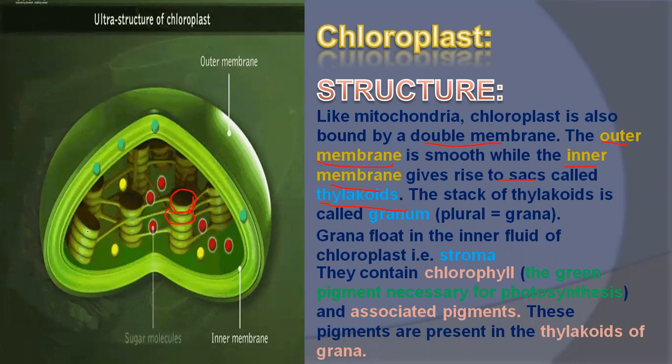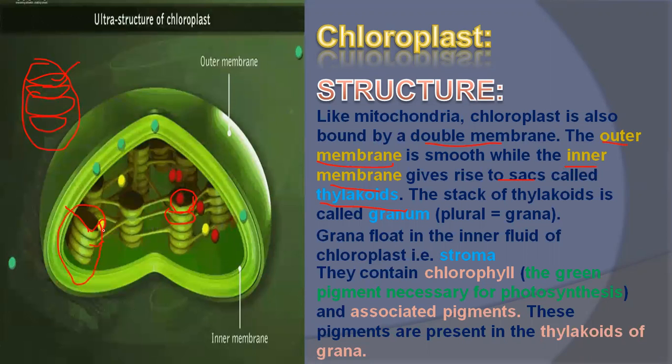So this one is a thylakoid, and the stack of thylakoids looks like coins, one above the other. This one is a thylakoid, and this is stacked completely. This whole stack is called a granum.